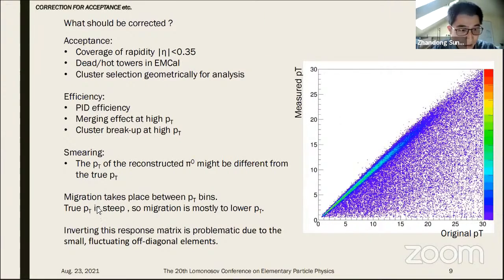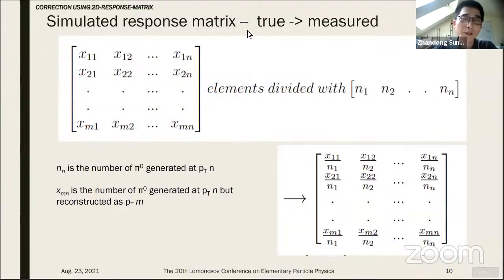So we see the migration, and inverting this so-called response matrix is very problematic due to the small and fluctuating off-diagonal elements. So instead of inverting the matrix, we have another solution.